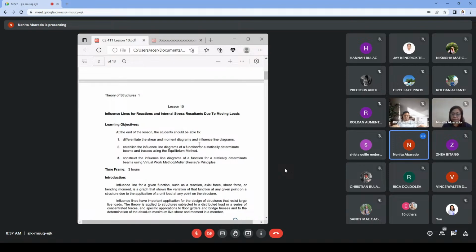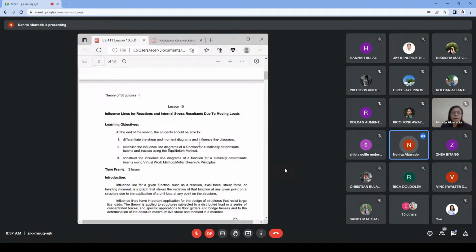Lahigod siya. And also, we are going to establish the influence line diagrams of a function for statically determinate beams and trusses using the equilibrium and also the virtual work method.